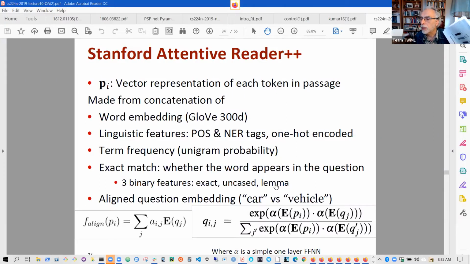And then the lemma. Remember, the lemma is the stem of the word. So here they would say, well, the word didn't exactly appear. For example, the question might have contained the word multiplied, and the passage might have contained the word multiply. So you're looking for multiplied, but at least you got multiply.